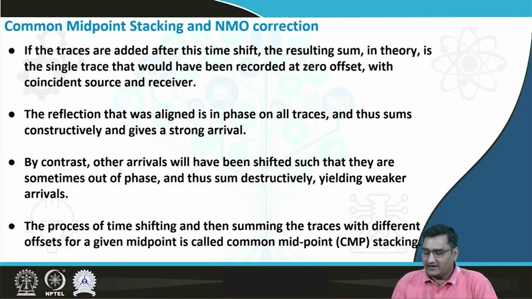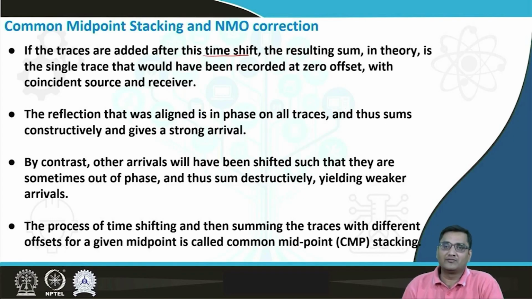If the traces are added after this time shift, the resulting sum in theory is the single trace that would have been recorded at zero offset with coincident source and receiver. Reflection that was aligned is in phase on all traces and thus sums constructively and gives a strong arrival. By contrast, other arrivals are out of phase and thus sum destructively, yielding weaker arrivals.